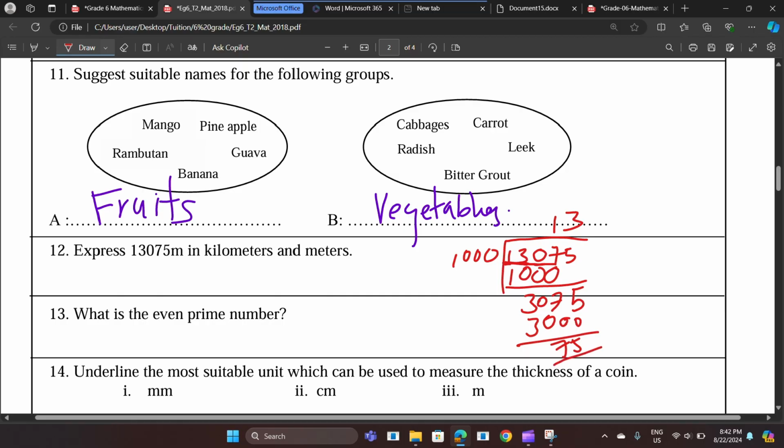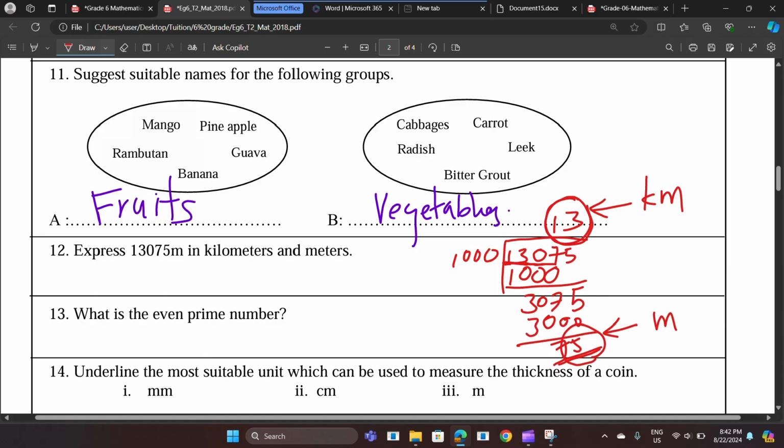We can't divide this anymore because 75 has no 1,000 meters. This is the number of kilometers. When we divide some meters by 1,000, this is the kilometers count, and the remaining part is the meters count.